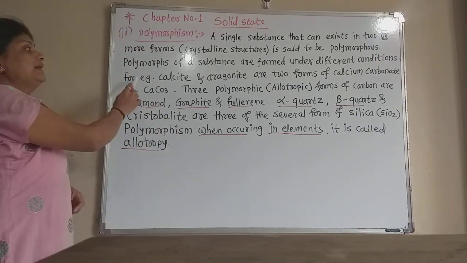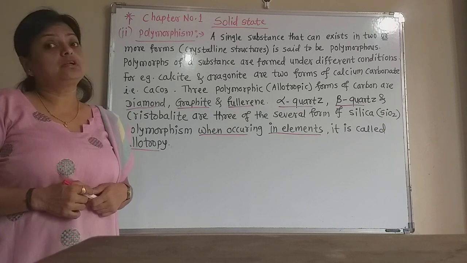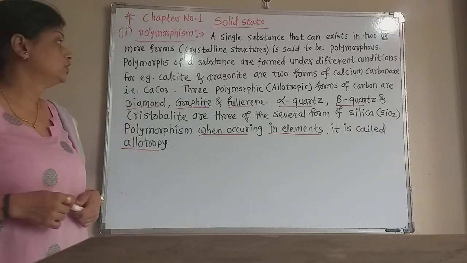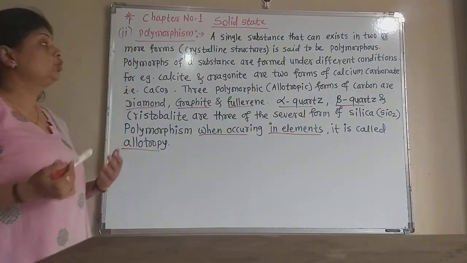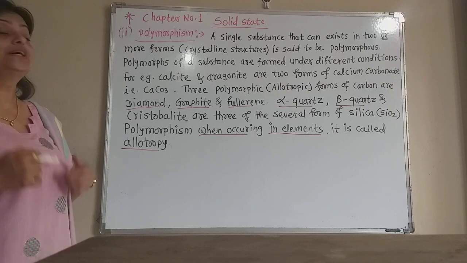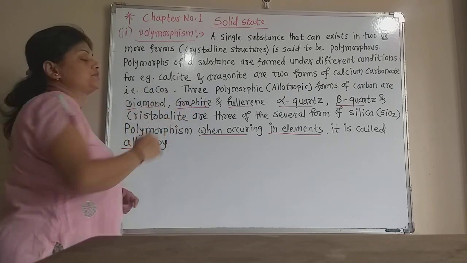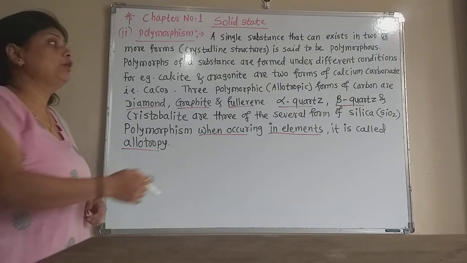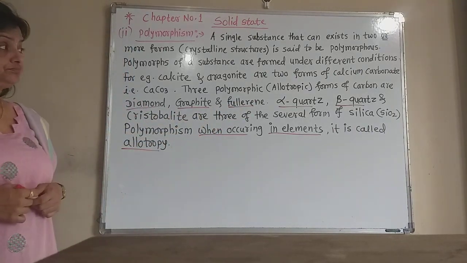For example, calcite. Calcite is a structure of calcium carbonate, that is CaCO3. So calcite and aragonite are two different forms of calcium carbonate. So they are polymorphs, calcite and aragonite. Again, the three different allotropic forms of carbon are diamond, graphite and fullerene.